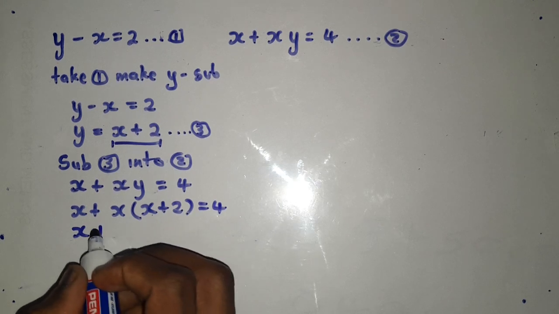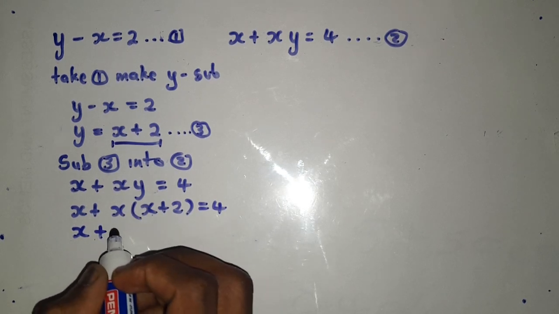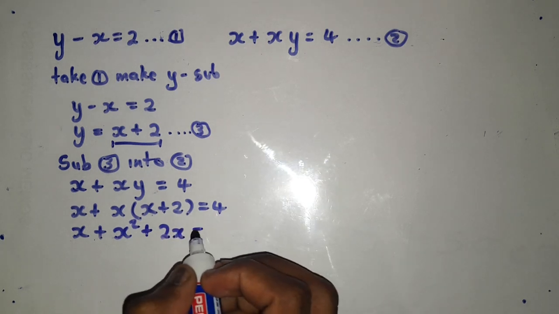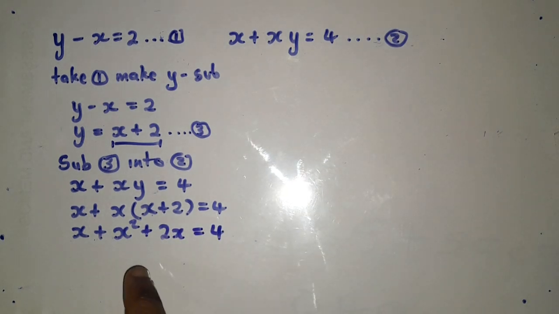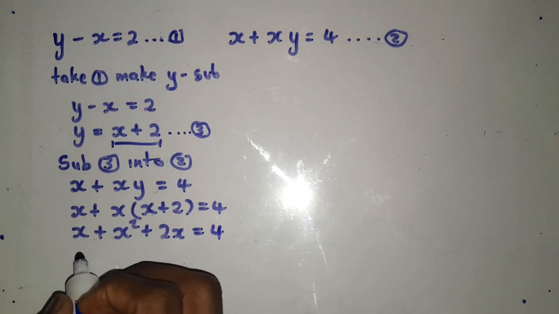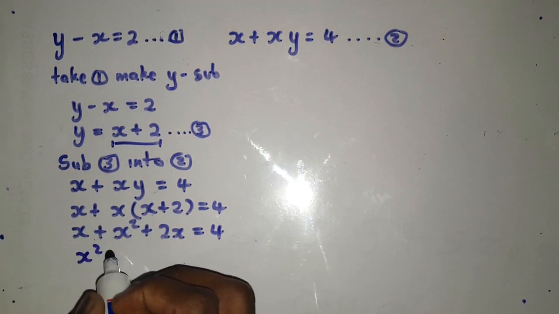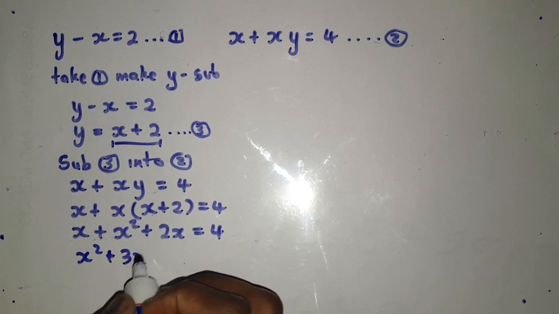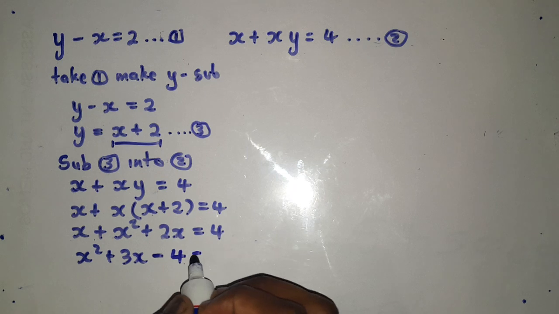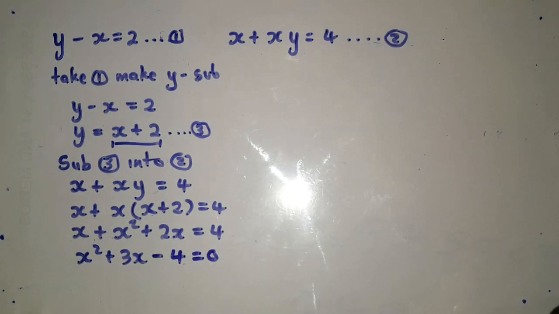We have x multiplied by x, we get x squared, plus 2x is equal to 4. Then x plus 2x, we get 3x. Then we take 4 to the left hand side. This is what I'm going to get.